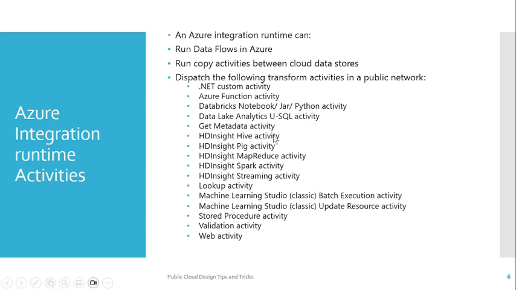It also helps you to dispatch the following transformation activities over the public network: .NET custom activities, Azure function activities, Databricks notebook, jar, and Python activities. Most of these capabilities are supported for dispatch activities with Azure integration runtime.